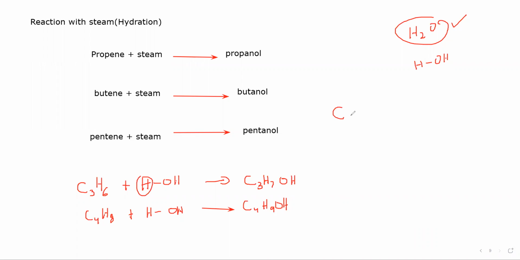If it is C7H14 plus HOH, what will be the product? C7H15OH.